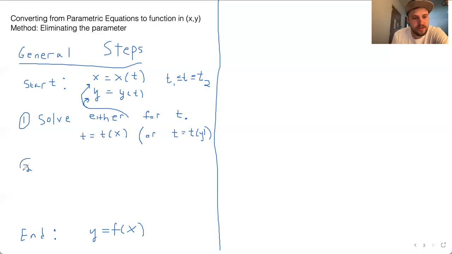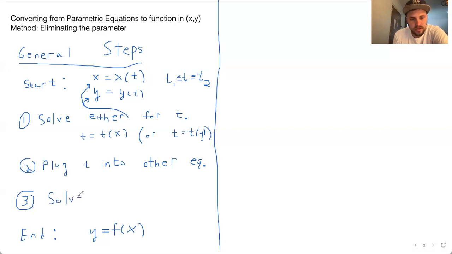Once you have that, the next step is to plug t into the other equation, into whichever one you didn't pick. So I'll just put other equation. Okay, and then the third step is to solve for y in terms of x.